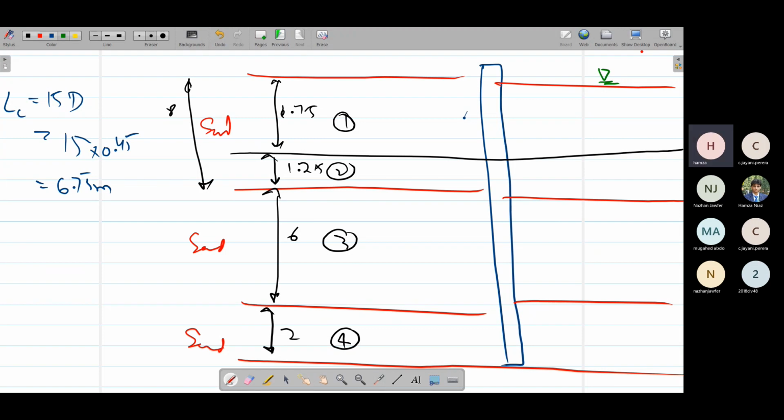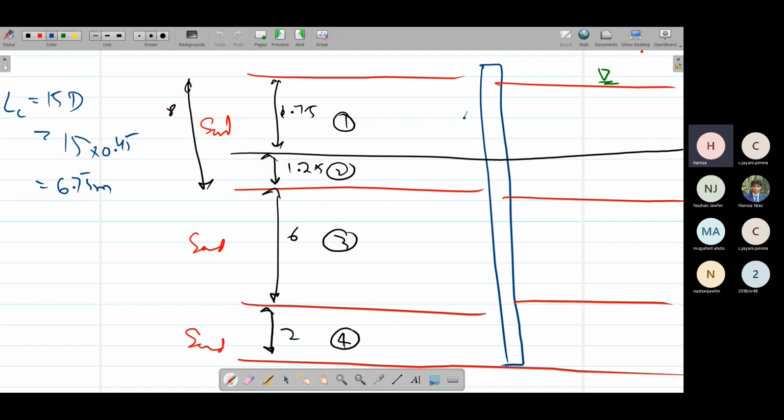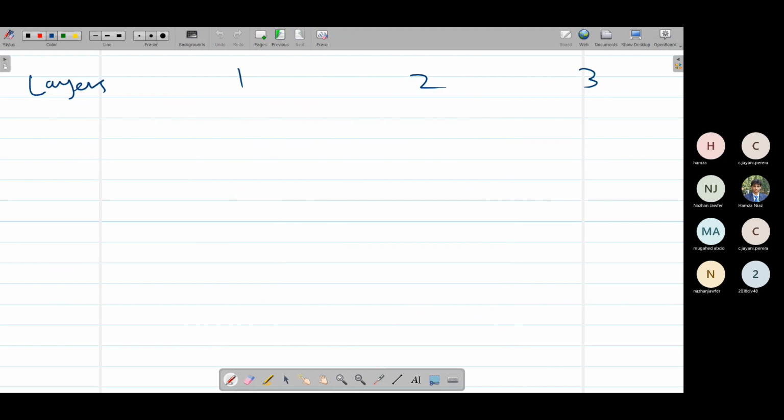So for each layer, we are given some things. We are going to make this table. This is layer 1, this is layer 2, this is layer 3. For layer 1, we are assuming this whole as layer 1 for sand layer 1. We are given gamma D values, we are given phi values, we are given E values.